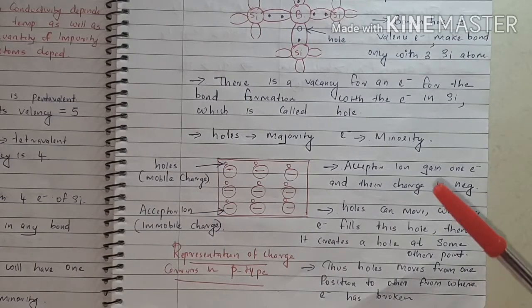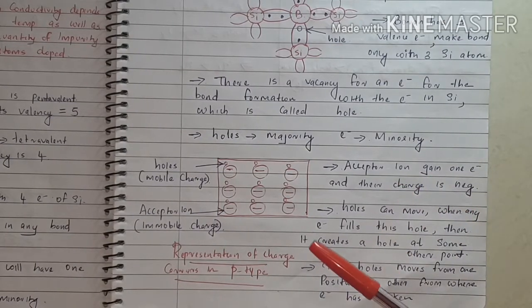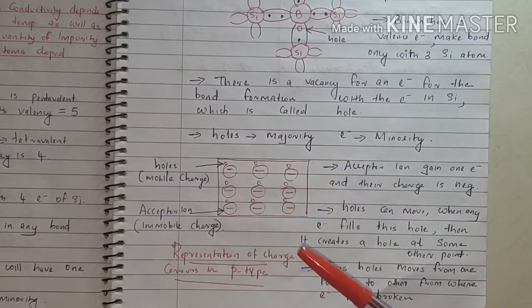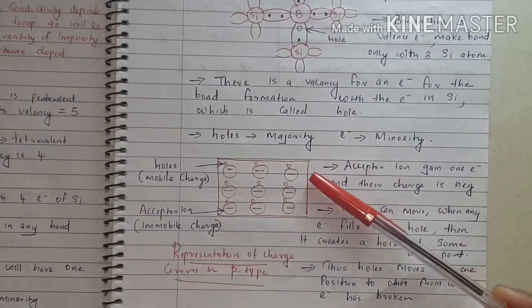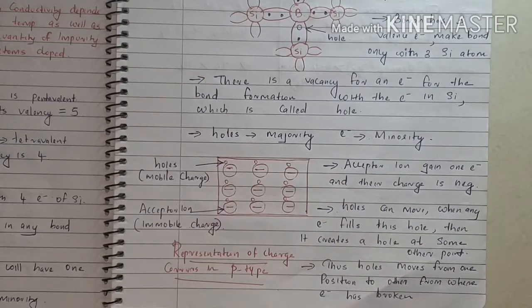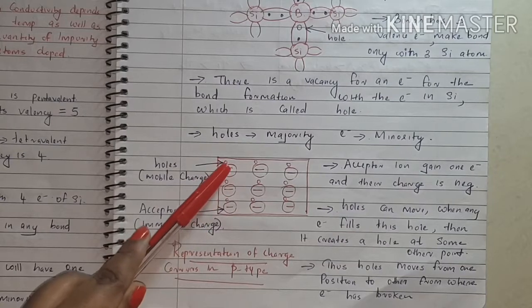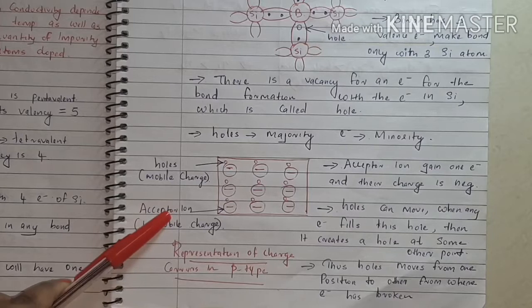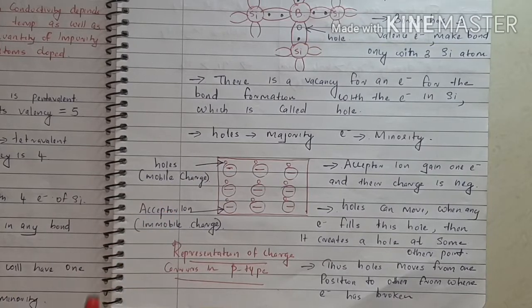Since the impurity added to the structure creates an extra hole, and holes always try to attract an electron, it is called an acceptor ion. And what is it creating? A hole, which is a mobile charge carrier, and the acceptor ion is an immobile charge carrier.